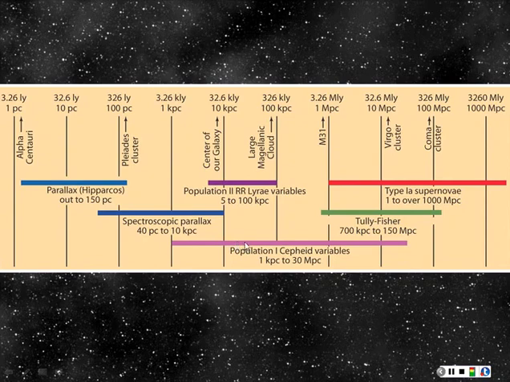Now we've got these Cepheids, which take us out to distant galaxies, and those distant galaxies then let us use the Tully-Fisher relation and the supernovae, and then we can also get Hubble's law involved. And so this is how we measure distances in space, and this is what we will be doing our term papers on.